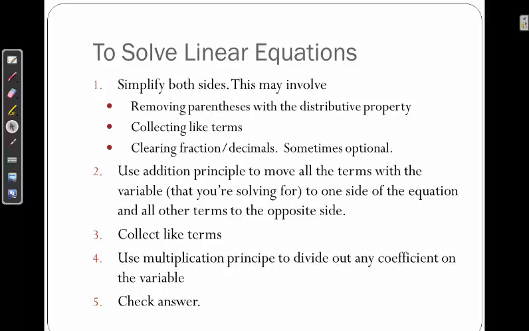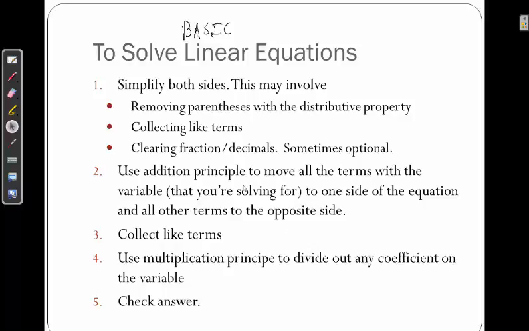Generally that's optional when you're solving linear equations, but this could also be considered the process to solve basic equations, because we'll see some other equations that aren't technically linear that will still basically follow this process.